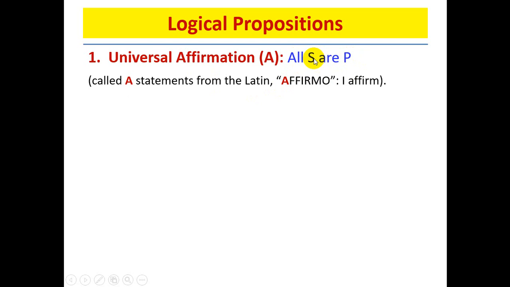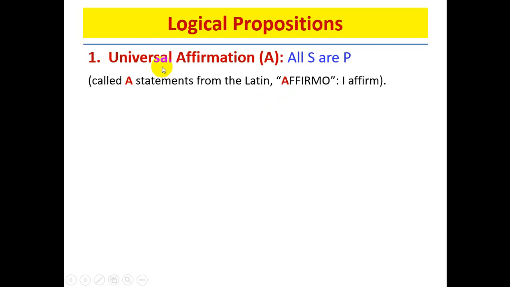In this case, this sentence is in the affirmative form, so this is affirmation. And we use a word like all or every, so this is universal. So this is called universal affirmation because the sentence itself is in the affirmative form and we use universal words such as all or every.